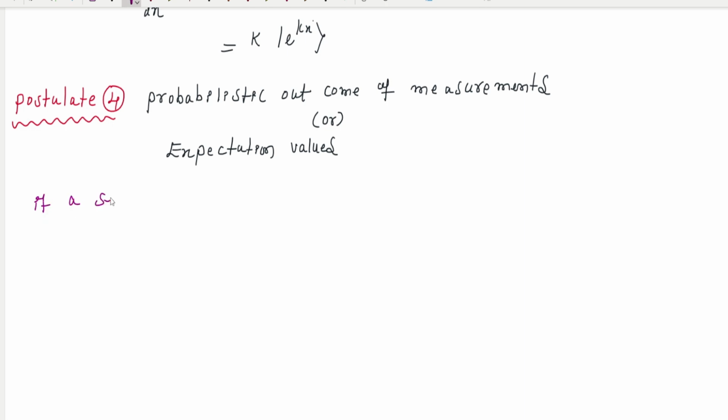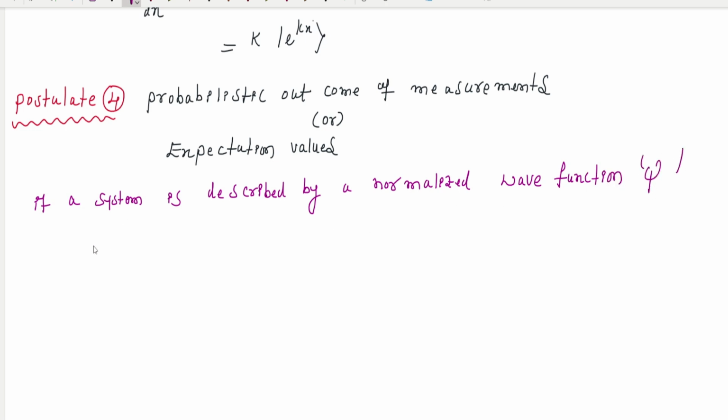If a system is described by a normalized wave function psi, the expectation value of a measurement of an observable A is defined like this: the expectation value of A is equal to psi, A, psi.